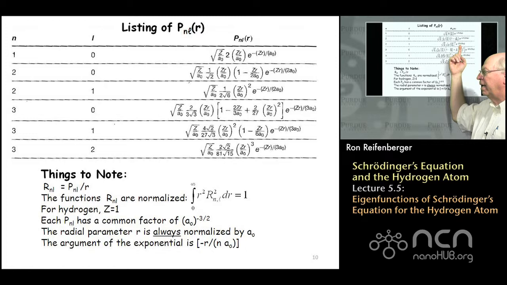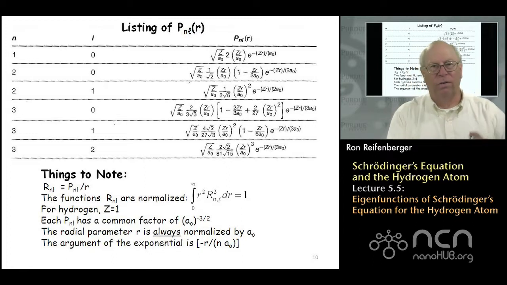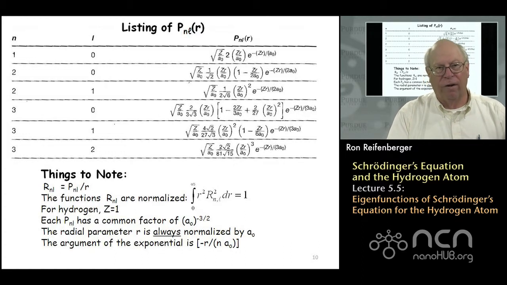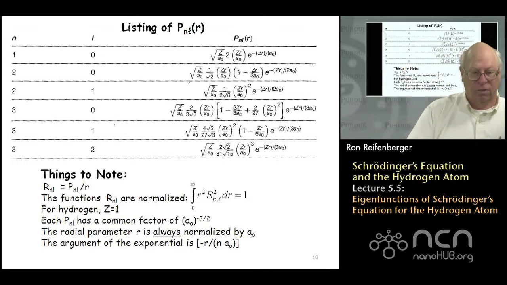All of them depend exponentially on the radial distance from the center, from the location of the proton. So all these wave functions decay exponentially to 0 as r gets big. This is something you should have come to expect based on your expectation for wave functions, right? The wave functions always tend to go to 0 as you get far away from the quantum system of interest.